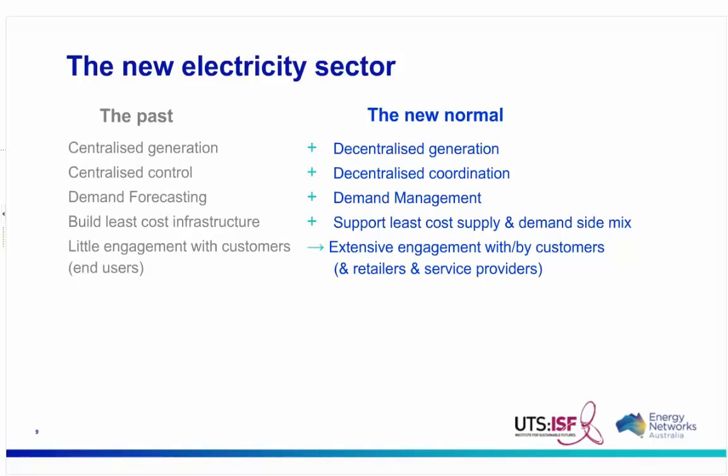And then finally, but perhaps most importantly, a fundamental change in engagement with customers from a paradigm in which customers were very much at the end of the supply chain and passive receivers of energy to a paradigm in which there'll be very extensive engagement with customers by the electricity sector and by customers with a range of players, and that includes retailers and service providers.